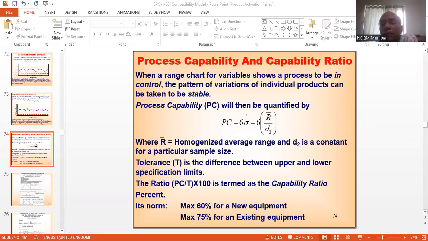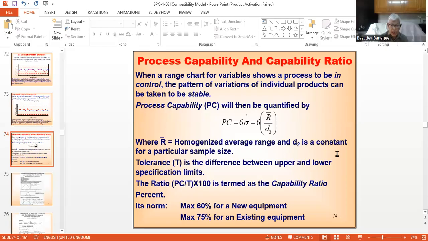We are at chapter 22, page 22-1. Process capability and capability ratio.